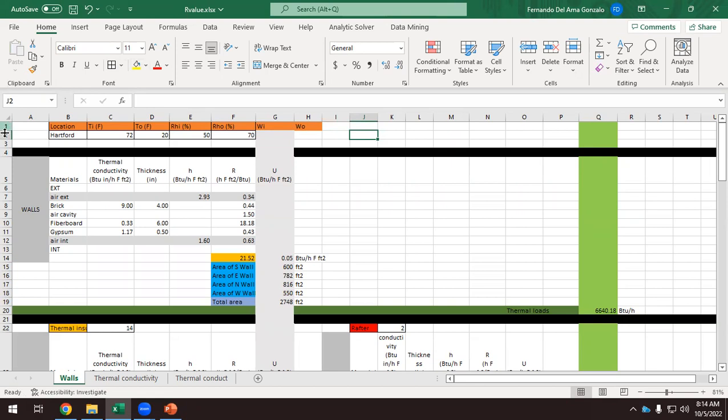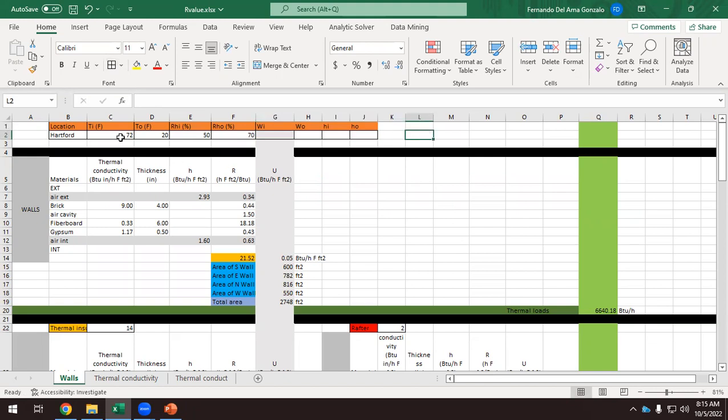So now we have to use the psychrometric chart to calculate the wet bulb temperature indoors and outdoors. And we are going to do the same thing calculating the enthalpy indoors and the enthalpy outdoors. All these things are new, and we have to introduce the values.